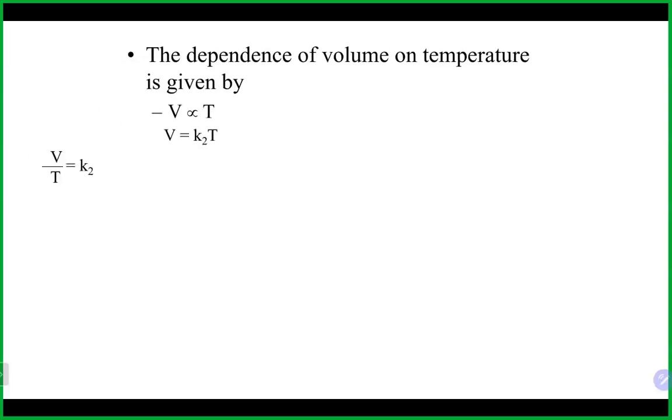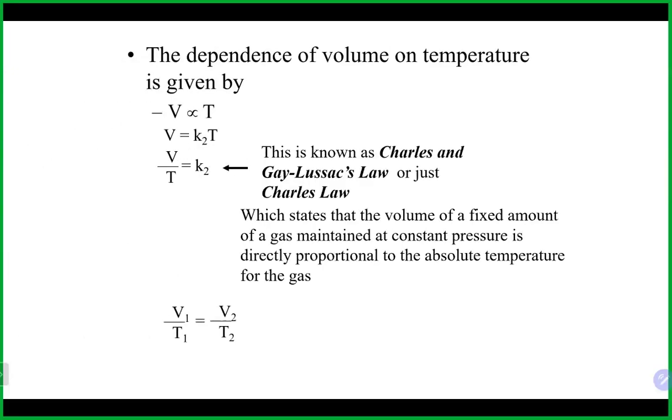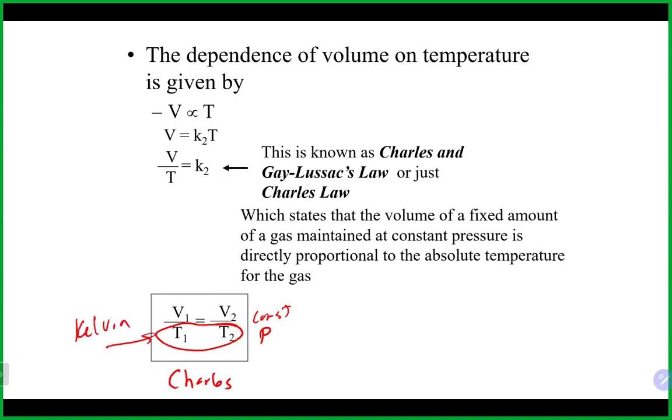So speaking of that, let's look at each of these laws. This is Charles' law here, and once again, this is at constant pressure. These temperatures here need to be in Kelvin. The volume doesn't matter. It could be any unit you want as long as they are the same on both sides.